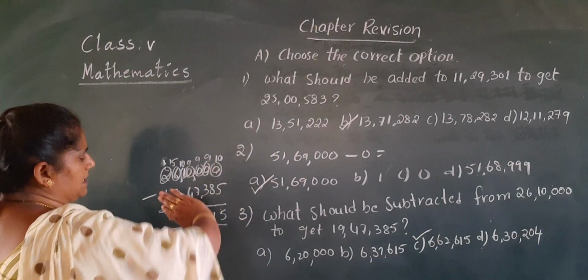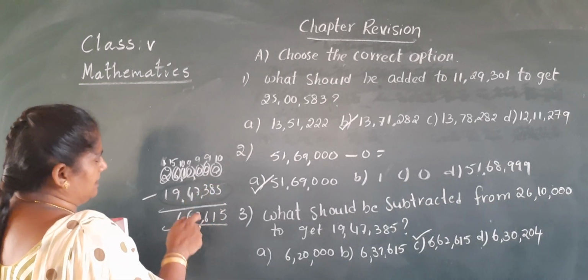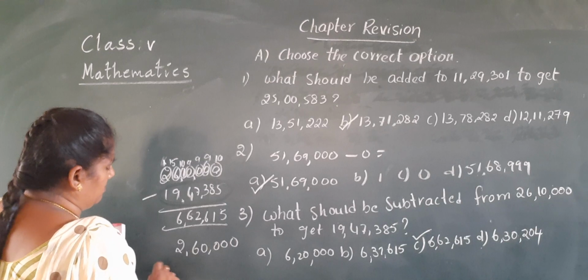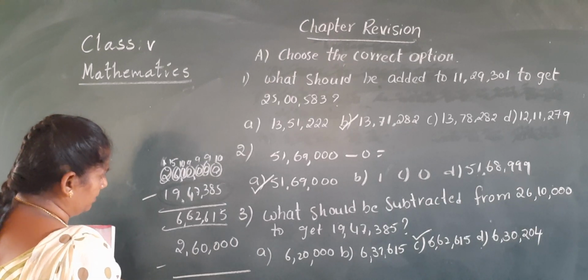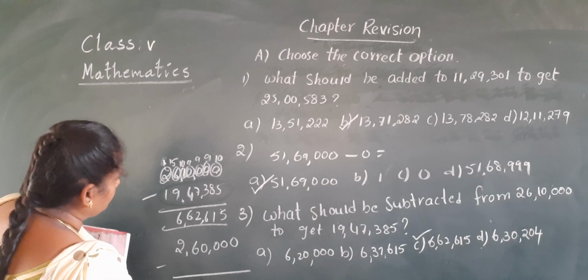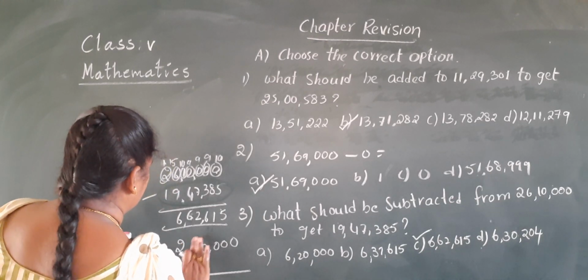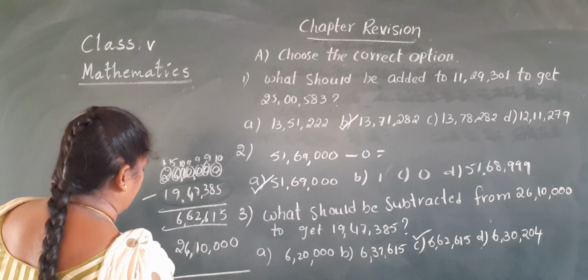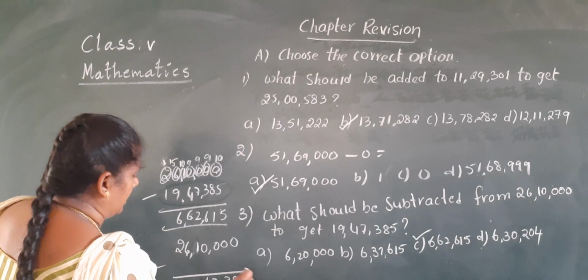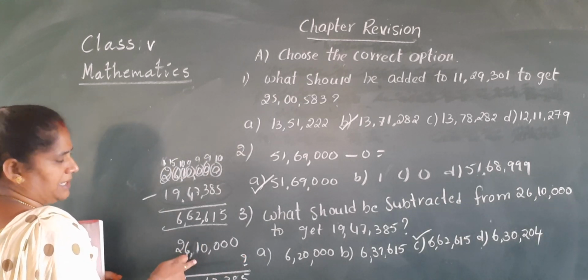Okay? What should be subtracted? So this number you have to find to get this number. So we'll simply write like this: 26,10,000 minus dash, we'll get 19 lakh 47,385. We want to get this number by subtracting this from this. Okay?